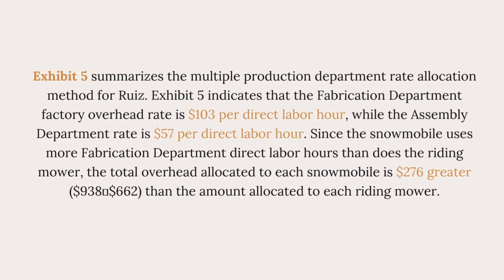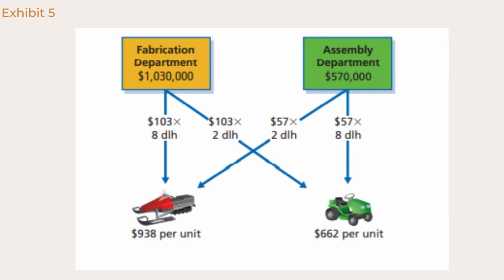So let's see the further illustration in exhibit number 5. Here we can see that there is $938 per unit under the fabrication department, and there is $662 per unit under the assembly department for each product.